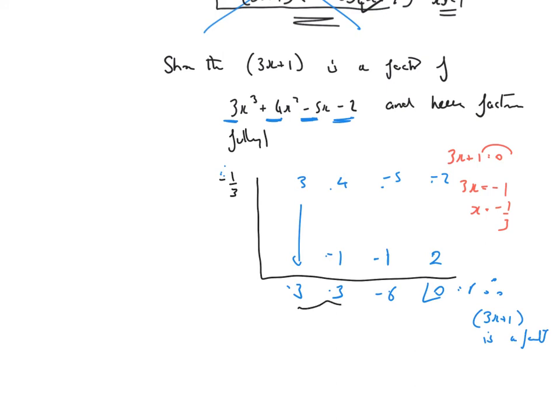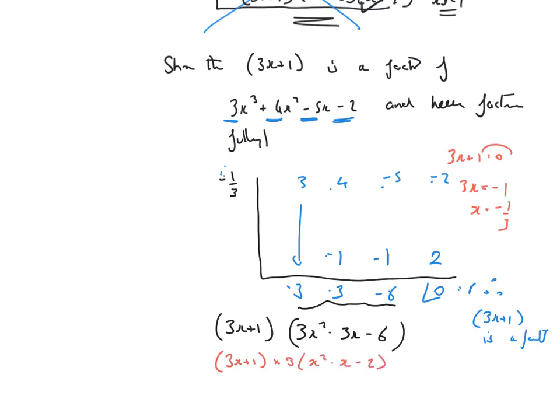Okay, so what's this bit here then? That's now 3x squared minus 3x minus 6. And that side I've got 3x plus 1. Now what I can do next is take out a common factor there. 3 bracket x squared minus x minus 2.